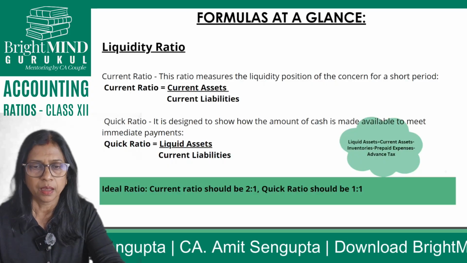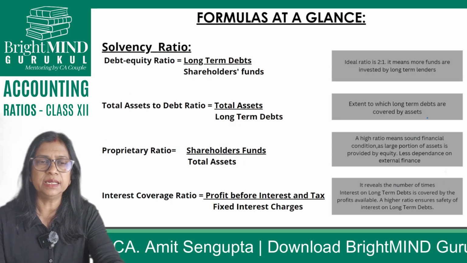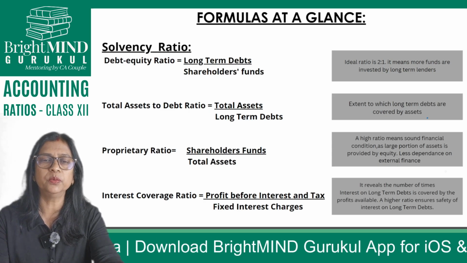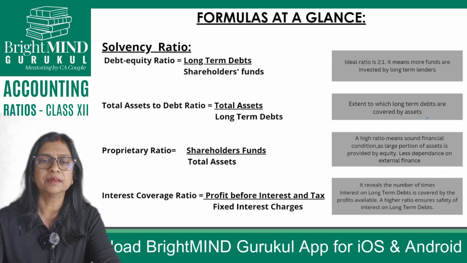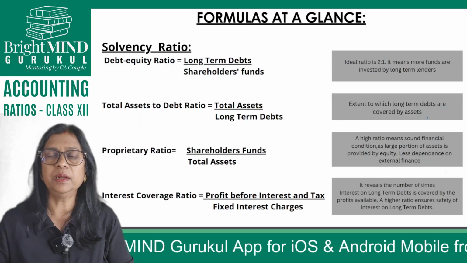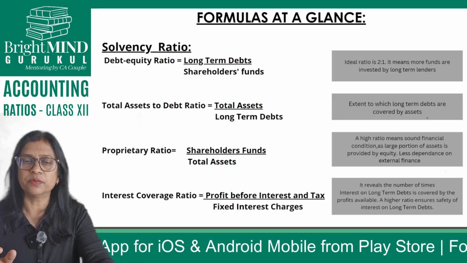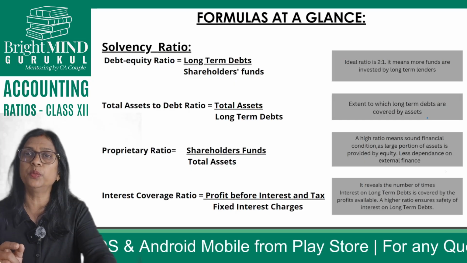Now comes the solvency ratio, that is the debt equity ratio. This is equal to long-term debts divided by shareholders' fund. The ideal ratio for this is also 2:1.